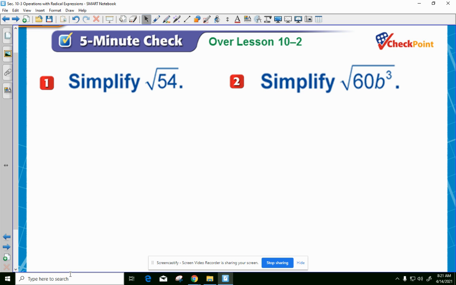And then the next question becomes, well, what is it? What is the biggest perfect square that goes into 54? If you think you have it, split it into its two factors. Take the square root of the perfect square and leave the other factor under the radical.